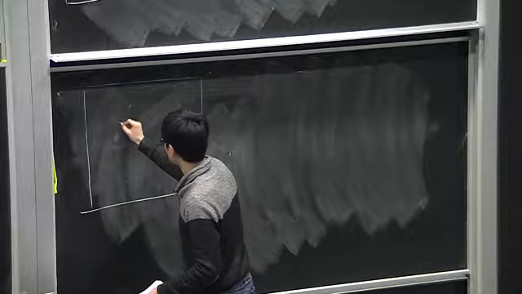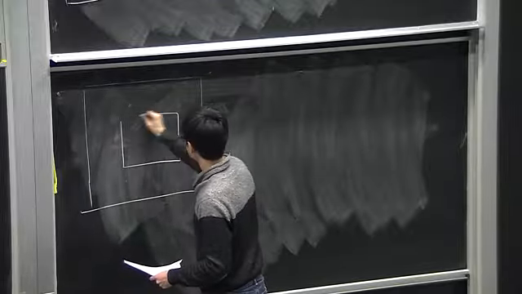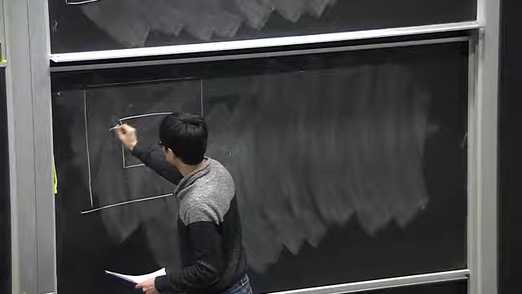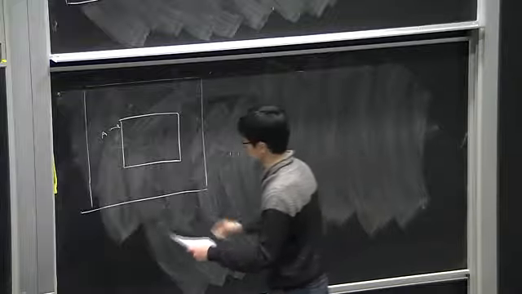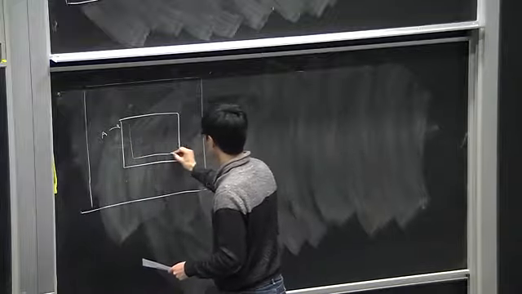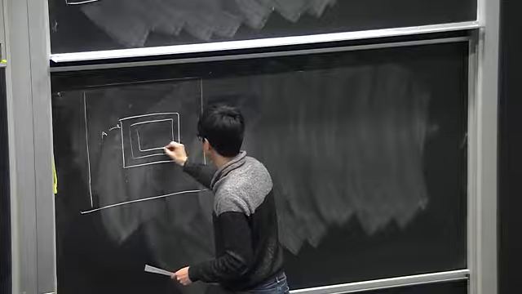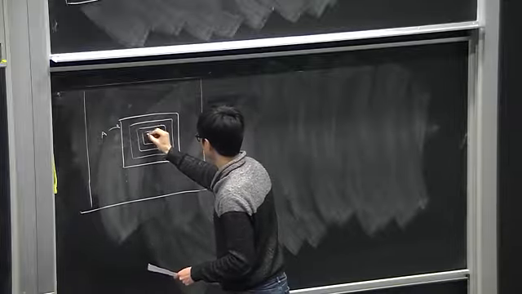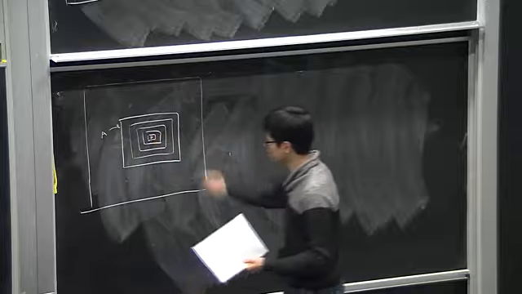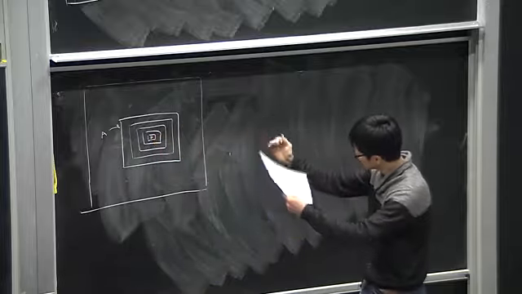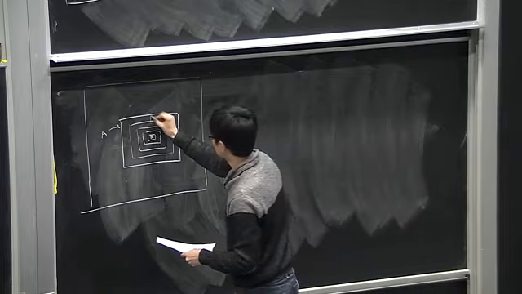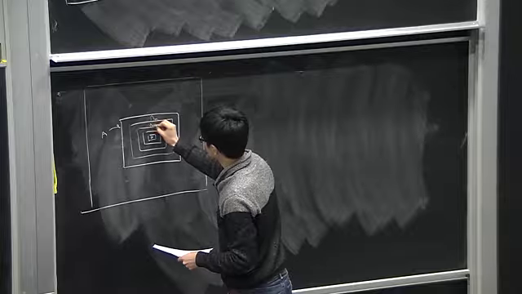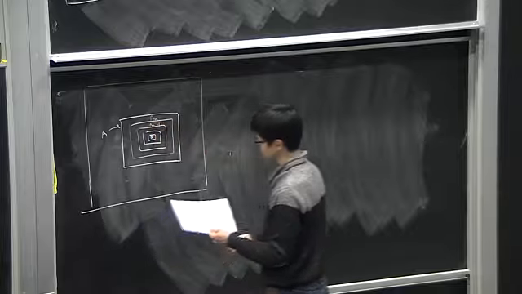Then you have region A, so this whole region is A, I mean, one patch of A. Then the idea is you split the whole system into smaller patches like this. Let's call them A_M, A_(M-1), and so on.